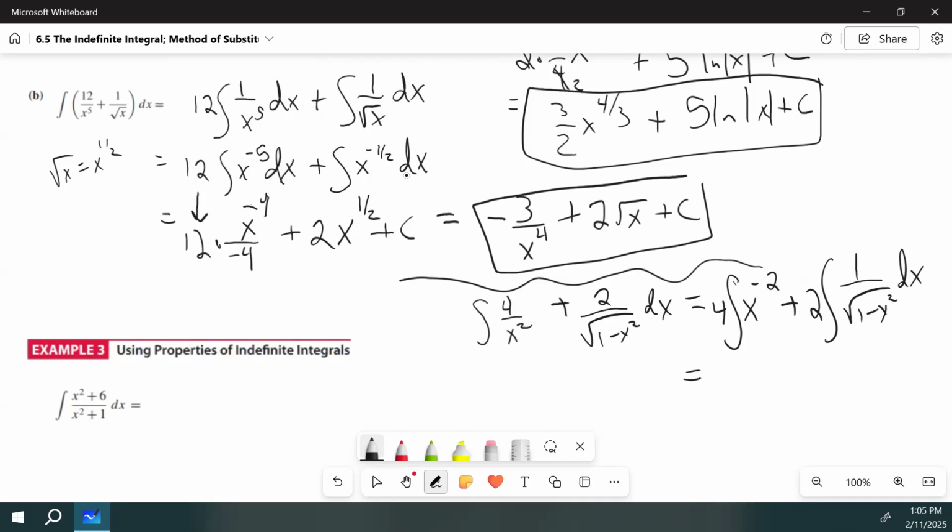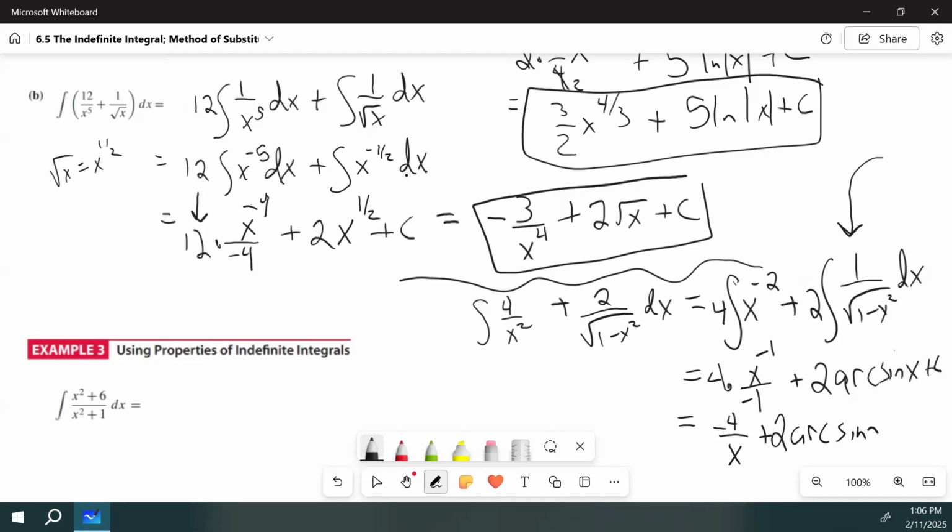Now, x to the negative 2, the antiderivative would be x to the negative 1 over negative 1, and this is going to multiply the 4. Plus 2. Now, this integral, you might be stumped at first, but remember, that's the form for the derivative of arcsine. So the antiderivative of 1 over the square root of 1 minus x squared is arcsine, or sine inverse. And then we need our plus c. So our final answer would be negative 4 over x plus 2 arcsine x plus c.